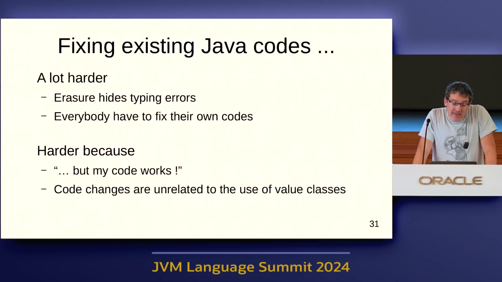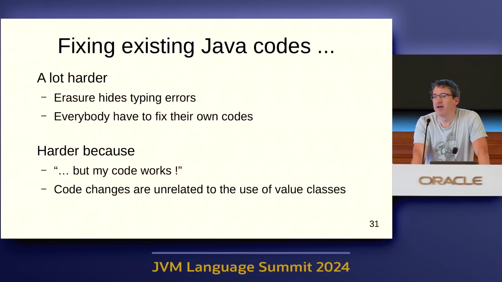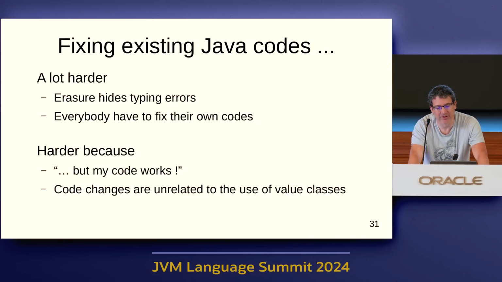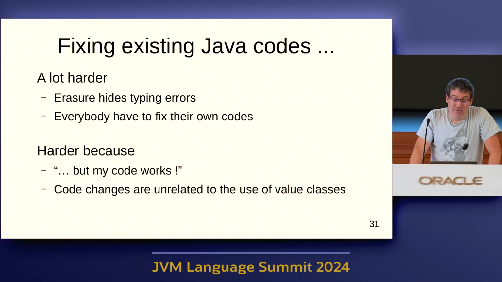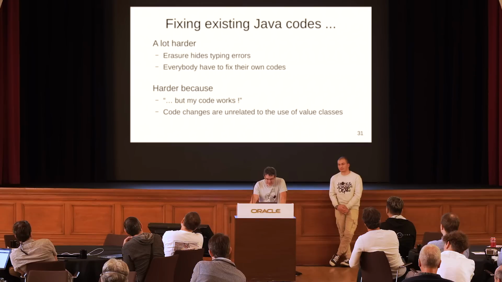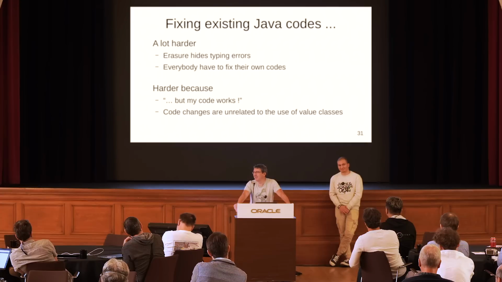And fixing existing Java codes is far harder than fixing the problem of the singleton. Why? Because erasure hides type bugs. You don't see it. The only way to fix this is that everybody, I mean here and in the whole world, has to fix their code.